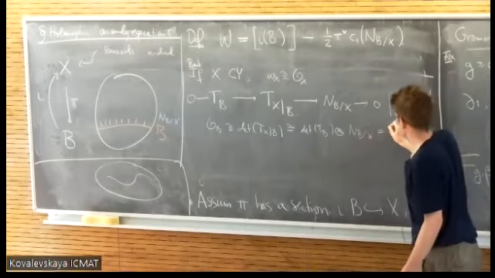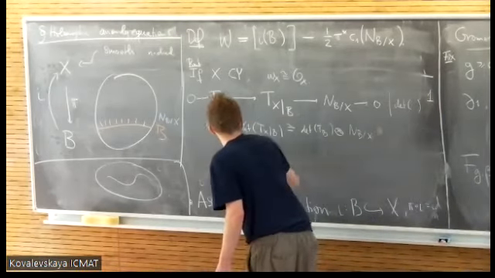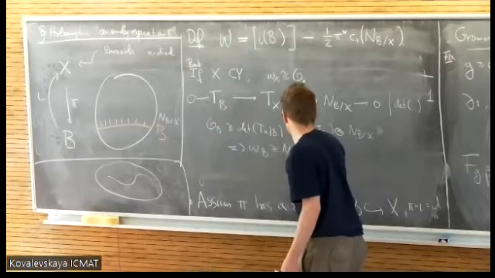So this tells you that omega B is isomorphic to the normal bundle.